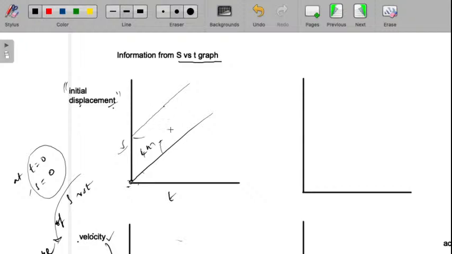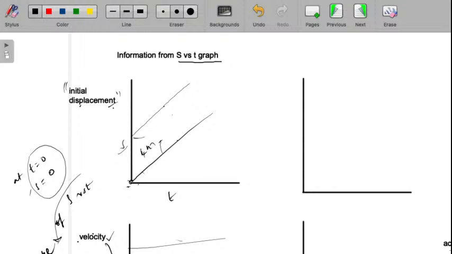As we can see here, since the slope is constant, the velocity versus time would be a constant graph. There's another kind of information that is obtained here from the displacement time graphs, which is our acceleration.